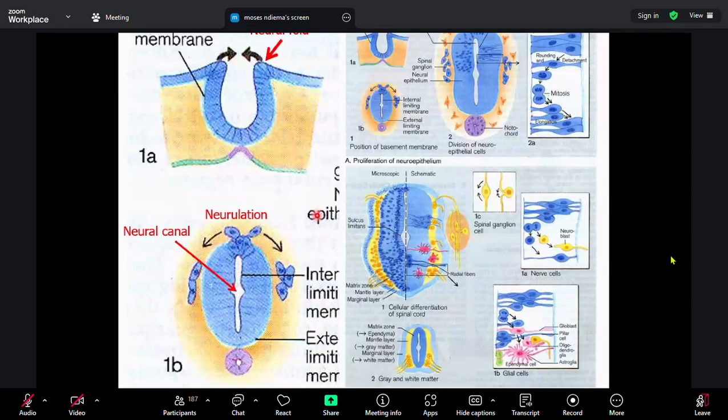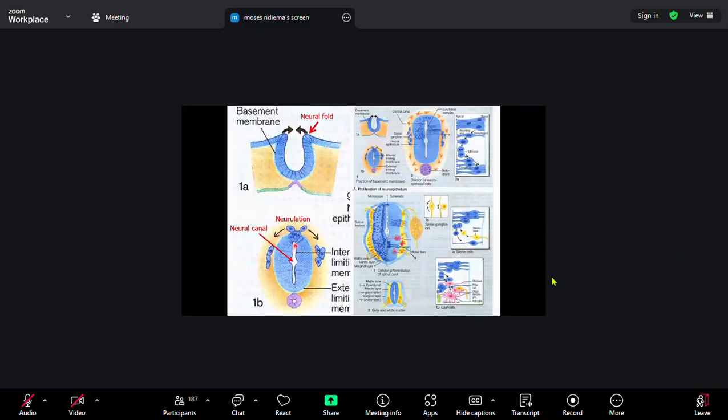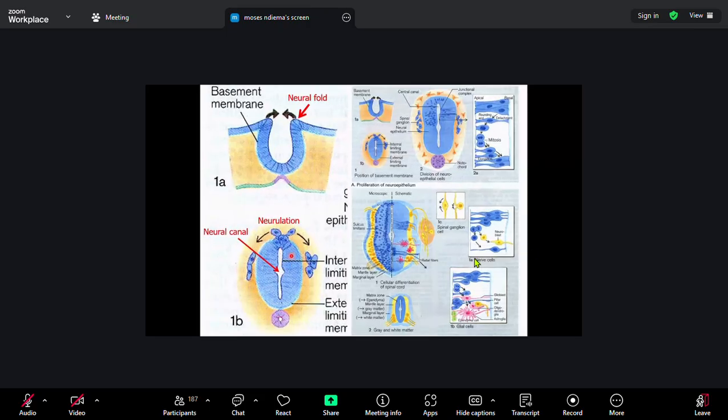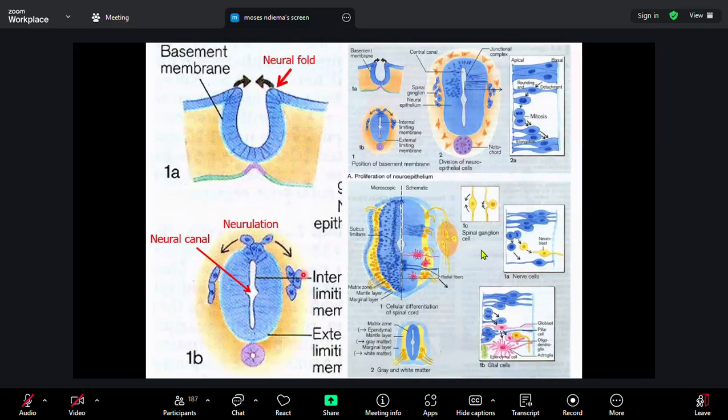So the dorsal part, these aggregates of cells in the dorsal part, the neurocrest cells here, the neurocrest cells that have not moved very far, that form the spinal ganglia, grow a central process towards this part that we refer to as the ala plate. So this is the ala plate, this is the basal plate.